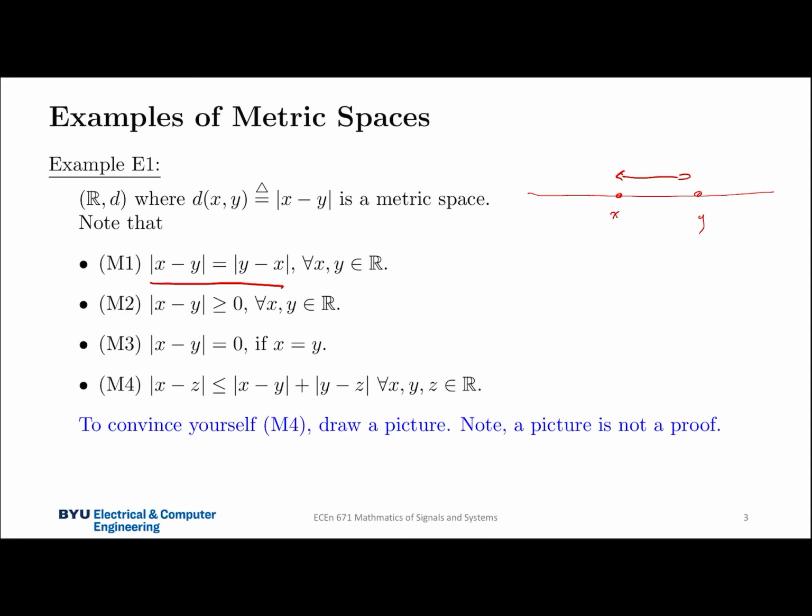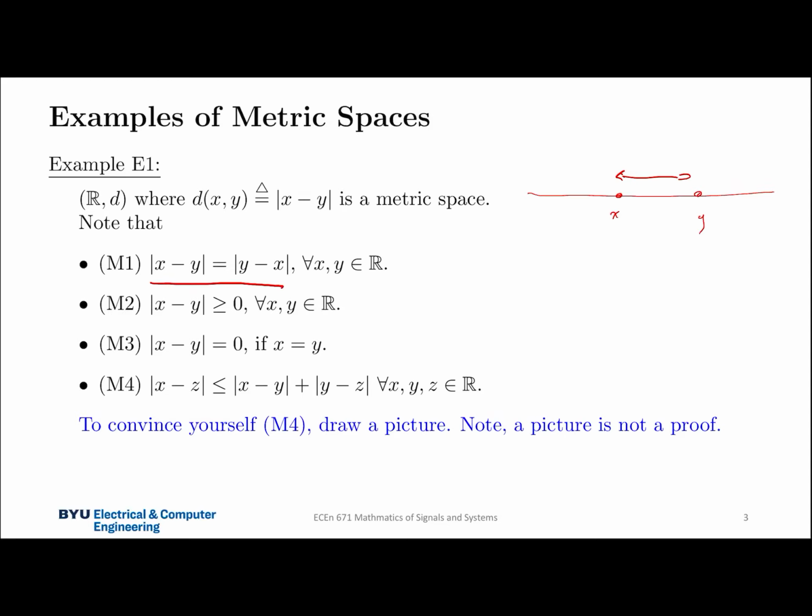And then the absolute value of x minus y is equal to 0 if and only if x is equal to y. So if x is equal to y, this is equal to 0, and if this thing is equal to 0, then we know that x has to be equal to y.